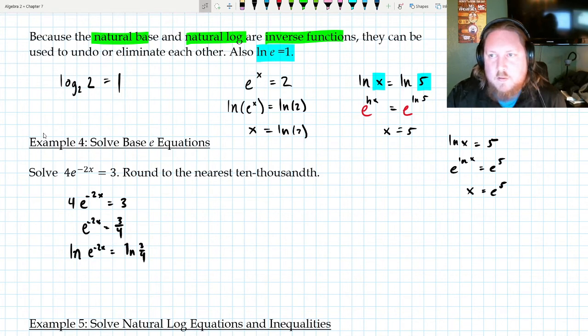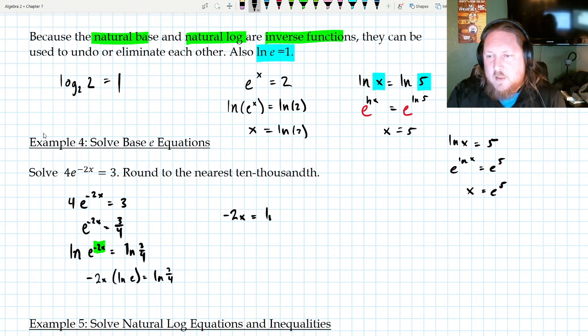And since negative 2x is the exponent, it just becomes the coefficient, just using some of those rules of logarithms, of 3/4. And I have negative 2x equals the natural log of 3/4.